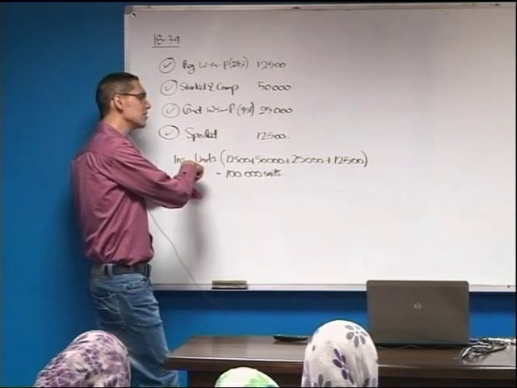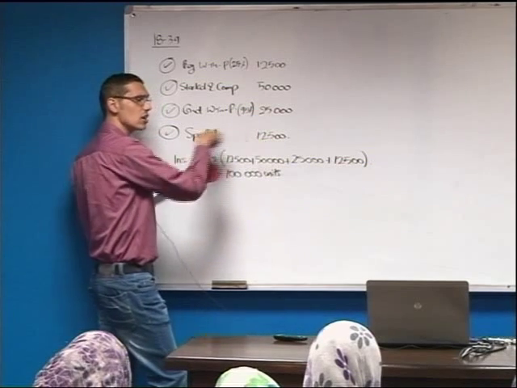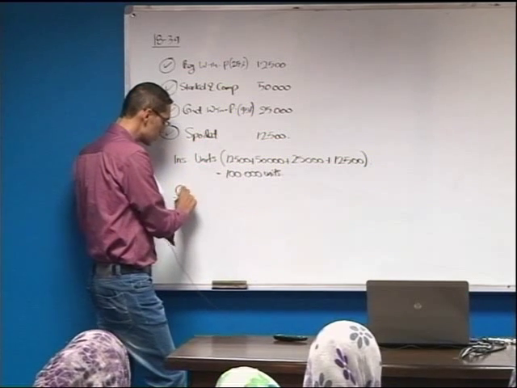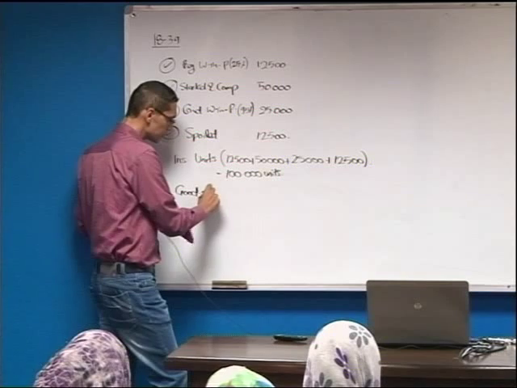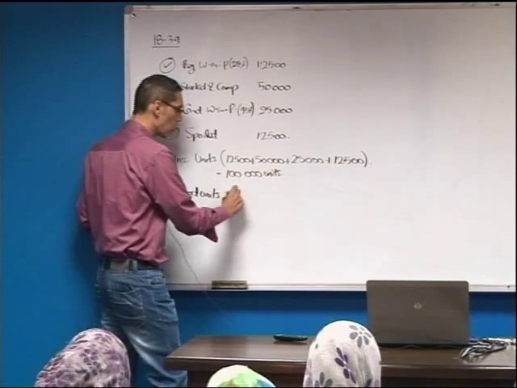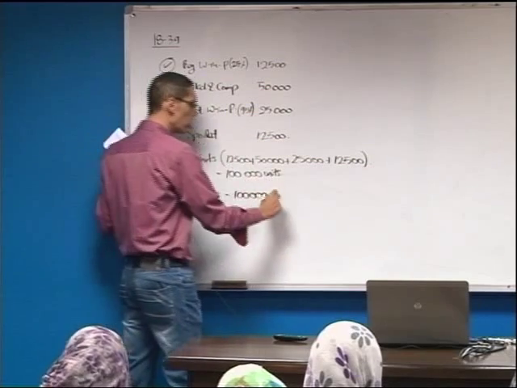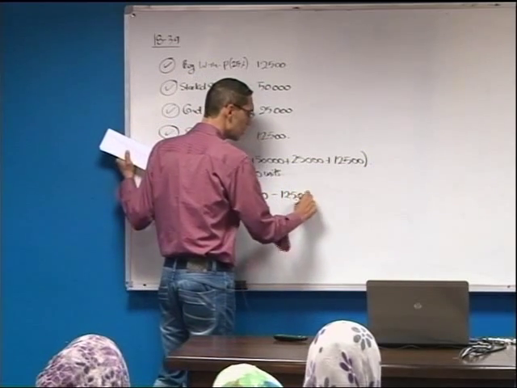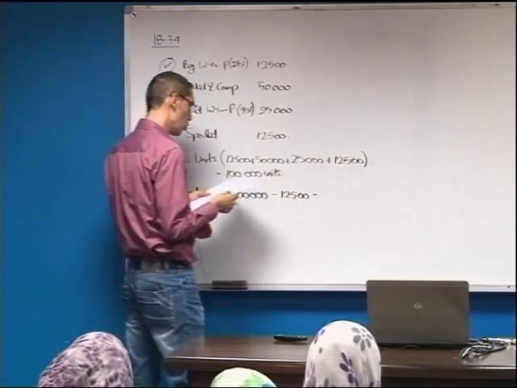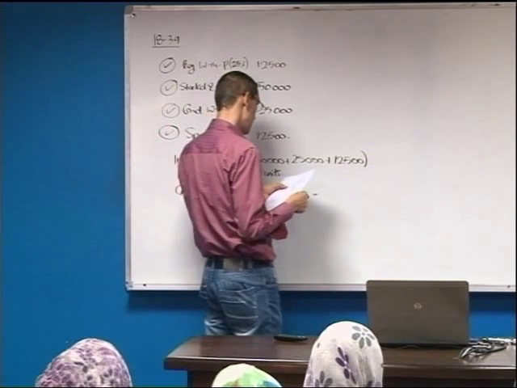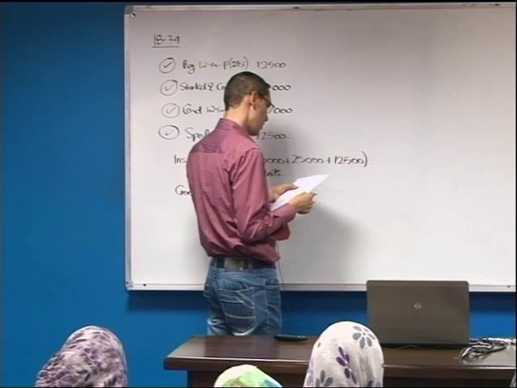From these inspected units, only 12,500 are spoiled. Therefore, the good units would equal 100,000 inspected units minus the spoiled 12,500. Therefore, the good units would equal 87,500.